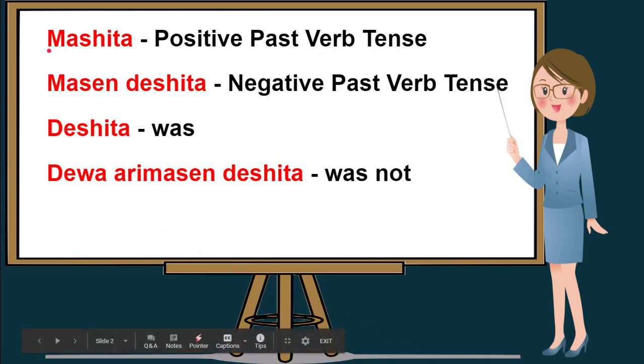First is Mashita. It is a positive past verb tense. And Masen Deshita. This is a negative past verb tense. We will also be using Deshita, meaning was in English, and Dewa arimasen Deshita, meaning was not in English.